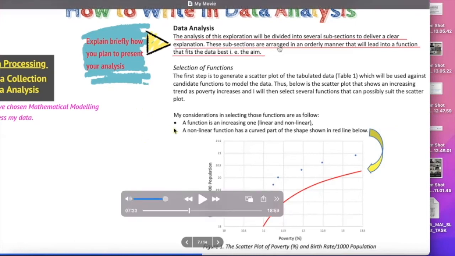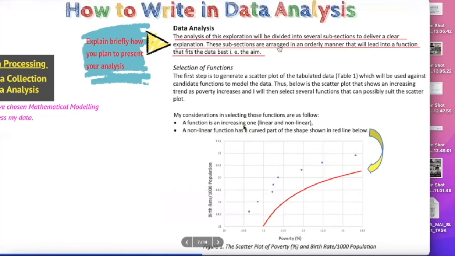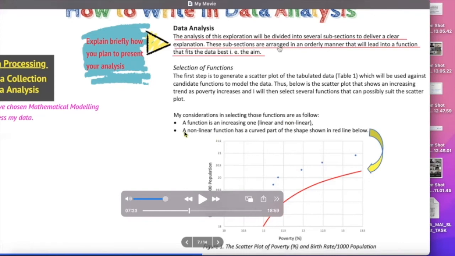Here, for example, my consideration is selecting functions where the function is an increasing one. You did mention that, but you need to organize it. Now, the function to be tested can also be nonlinear. Why? The person includes the red curve against the scatter plot. So the scatter plot possibly has a curve pattern as well. Therefore, a nonlinear function can be considered.